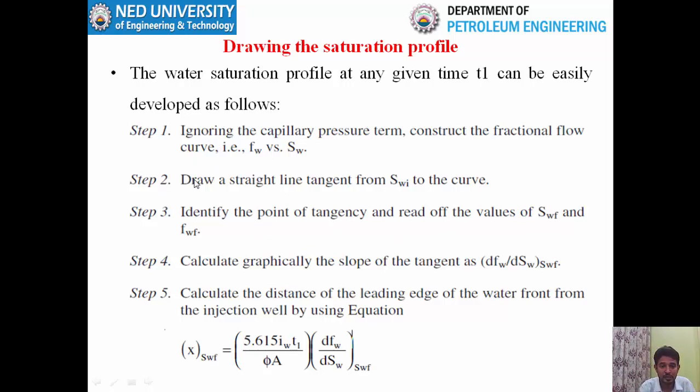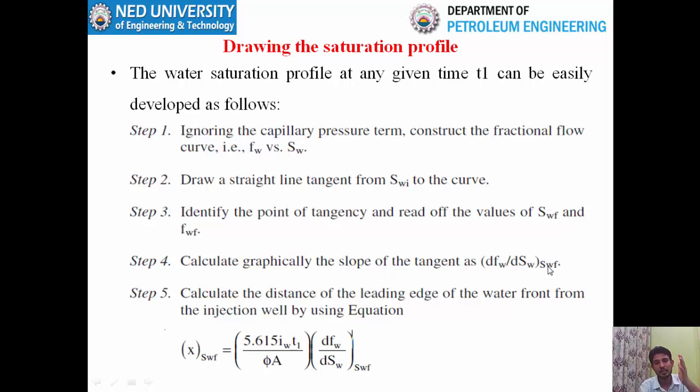So all these first three steps we have done in the example, and from the fourth step, these are the new steps you will do to calculate the position. So you will calculate the slope of the tangent at SWF.